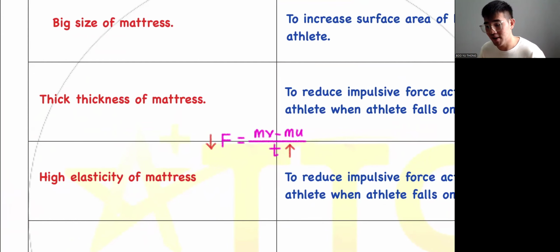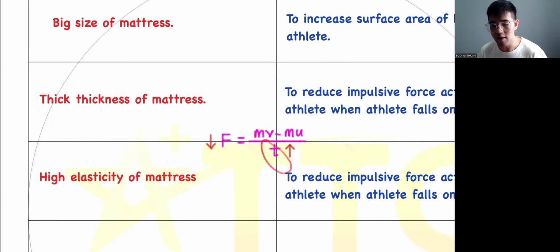Do you remember the time of impact is the time measured from the moment the athlete falls onto the mattress, hits the mattress, and then bounces, until the bounce stops?